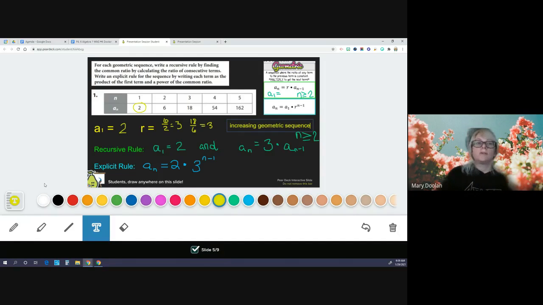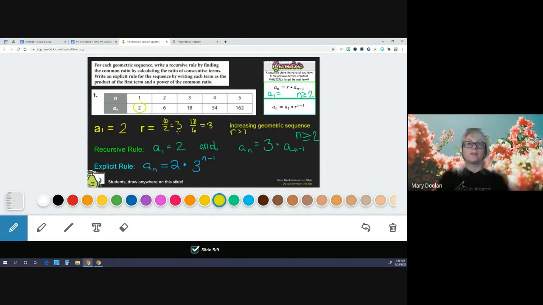And it's important to notice that it's an increasing geometric sequence because these numbers are getting bigger, which puts a restriction on your ratio to make sure you're doing it correctly. You kind of self-check yourself. The ratio here is 3, and if your geometric sequence is increasing, your ratio should be greater than 1. And that happened. 3 is greater than 1, so I knew I was doing this correctly.